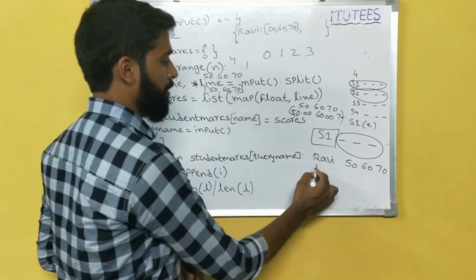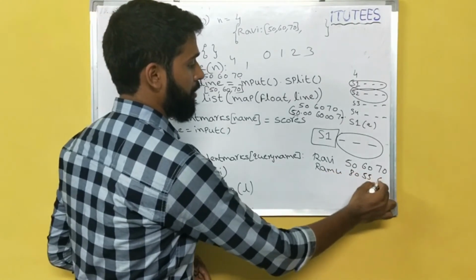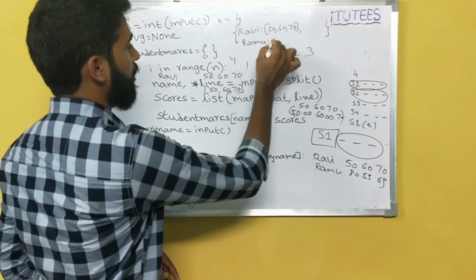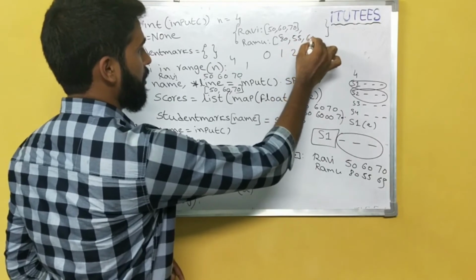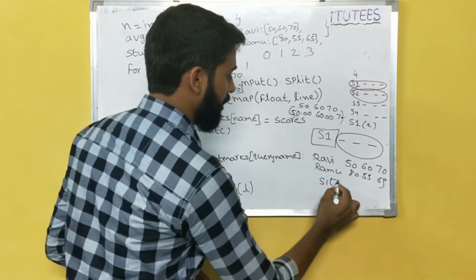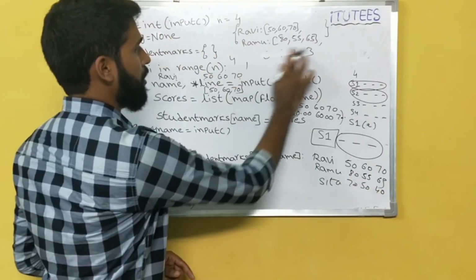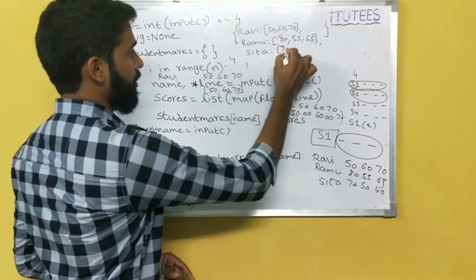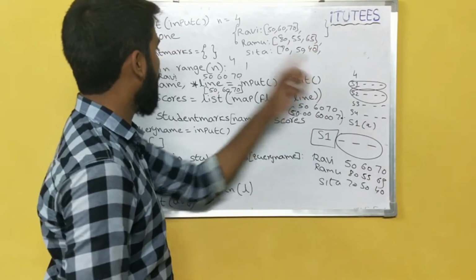For example, the second value Ramu 80, 55, 65. It stores Ramu and the values are 80, 55, 65. Next I give Sita 70, 50, 40. These values are stored under Sita: 70, 50, 40. Next again go to here.